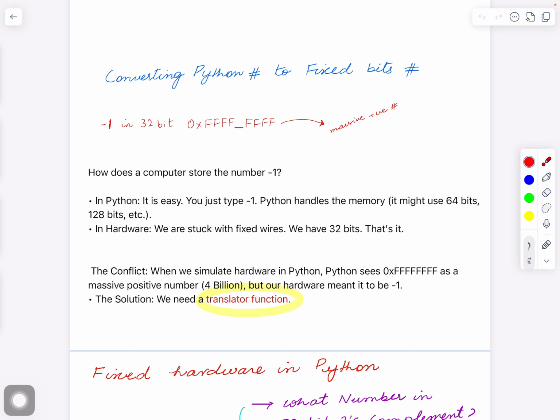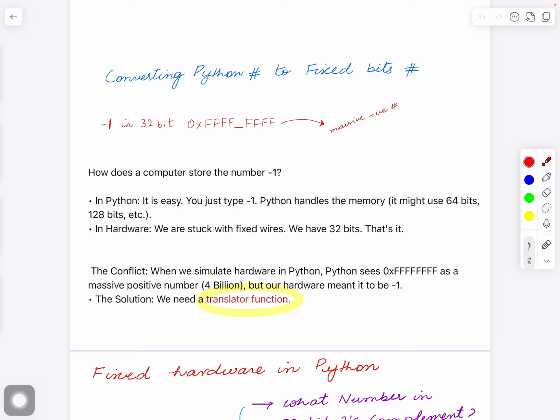Okay. So think of this -1 in the 32-bit architecture that we have. Its hexadecimal representation is this. Okay, you have 32 all ones, so 8 Fs, 8 times 4. So that is -1.